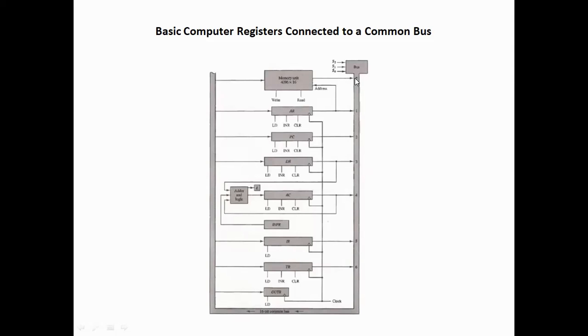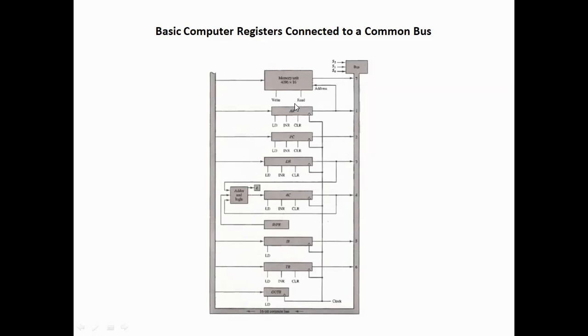To enable this 7, we should put 111 here. That means the contents of memory will go onto the bus. And since this is a large memory, which word should go here is decided by the address register. For example, if the address register says the 0th word, the first word will go here.